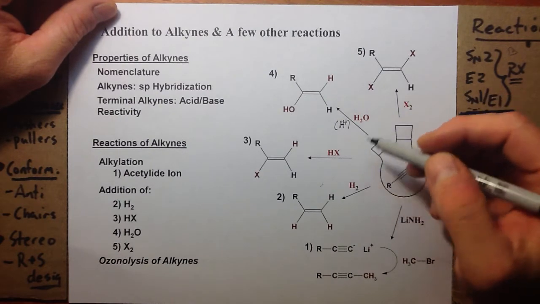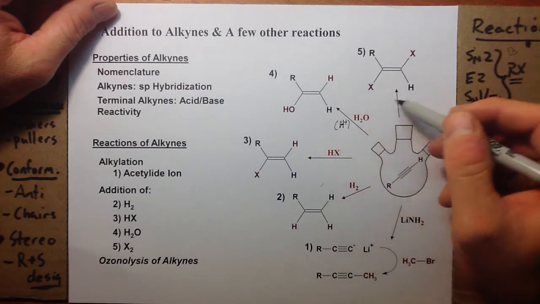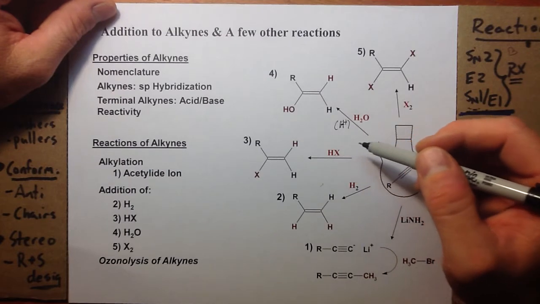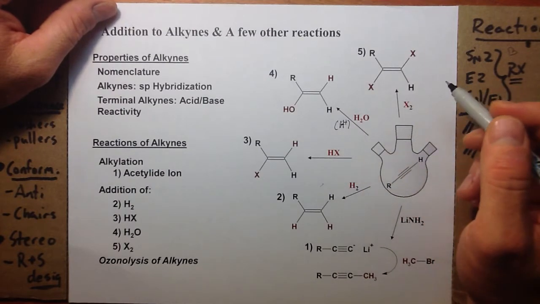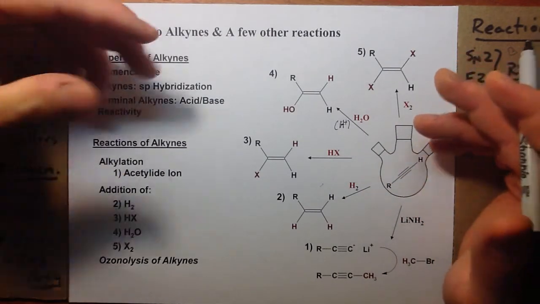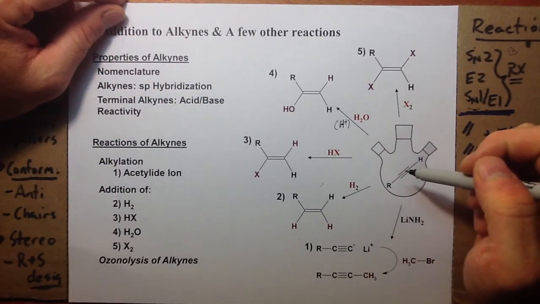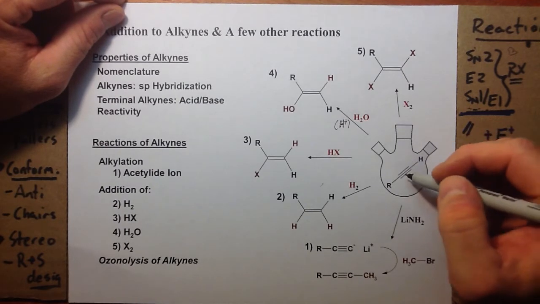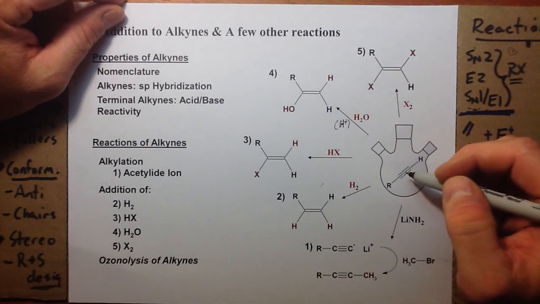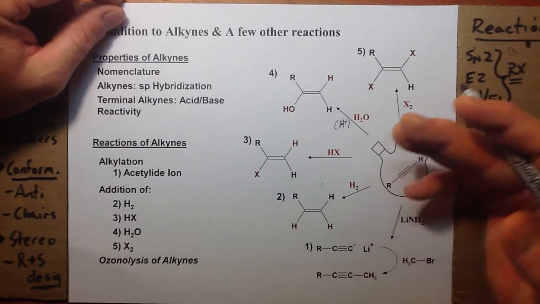There is one important difference with these first three polar reactions of alkynes to remember: polar reactions of alkenes typically go faster than polar reactions of alkynes. It's not that the pi electrons on the alkynes aren't more reactive, higher energy.